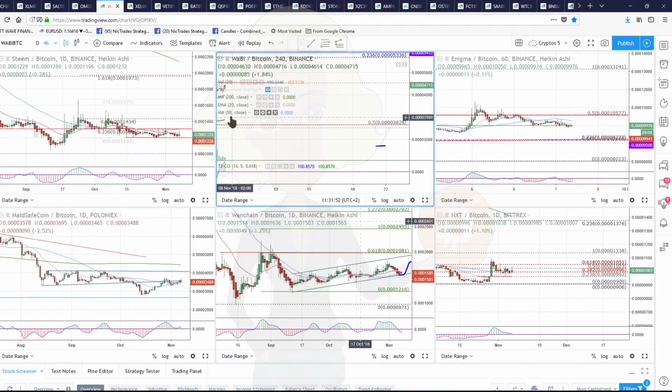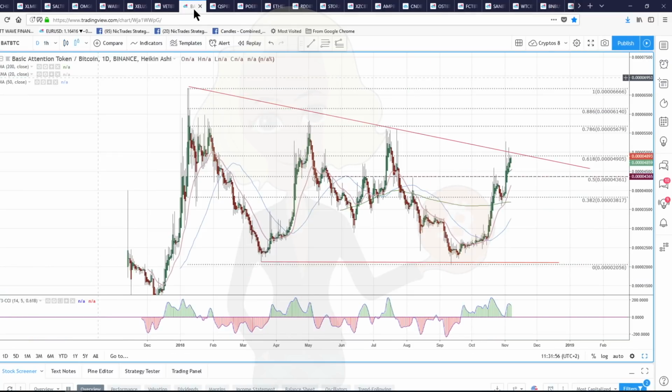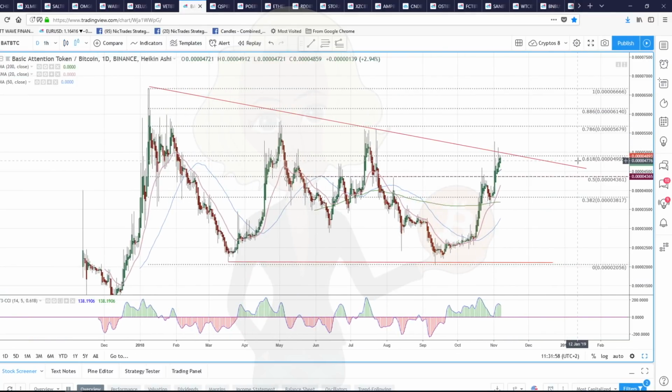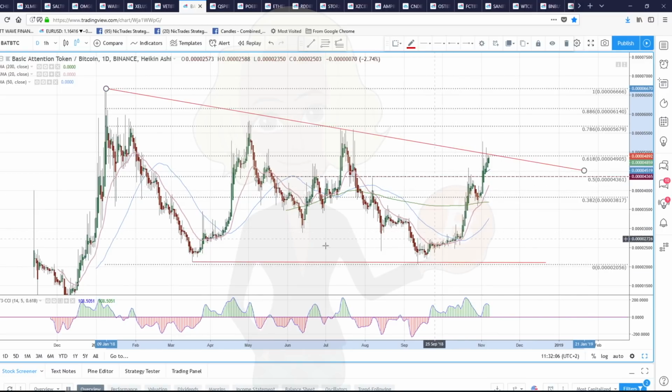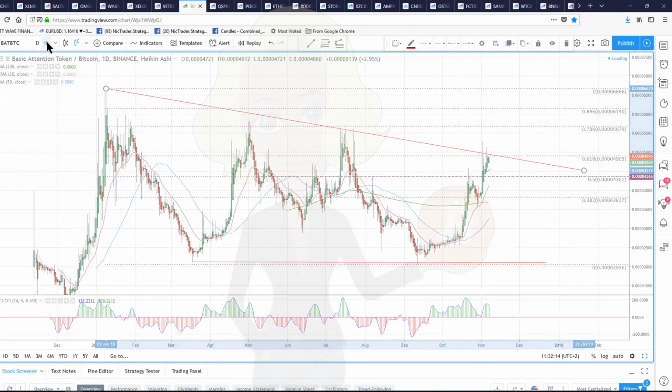I am looking for a move in BAT hourly as well. This I think is setting up. So here's the daily view of BAT, and here's this wedge that we're trying to break out of. We've got 2 nice touches on the bottom, 3 nice touches on the top, false breakout, pulled back to find support, and now we're trying again.